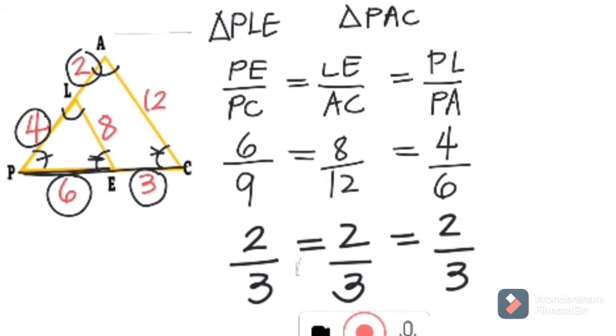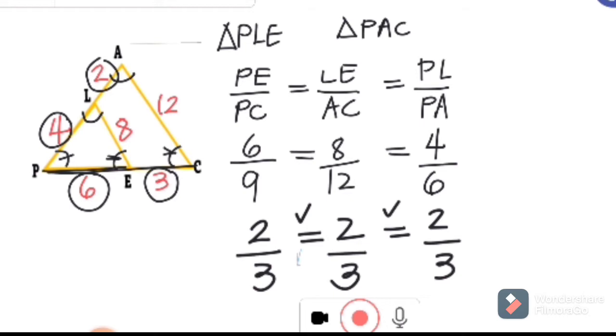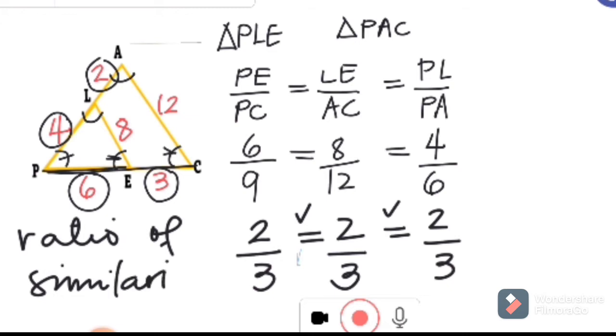Now you see, all the ratios are congruent. These ratios are called ratios of similarity. All of them are congruent, therefore we can say now all the angles are congruent and all the side lengths are proportional.